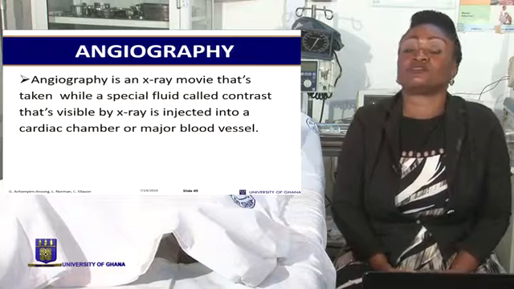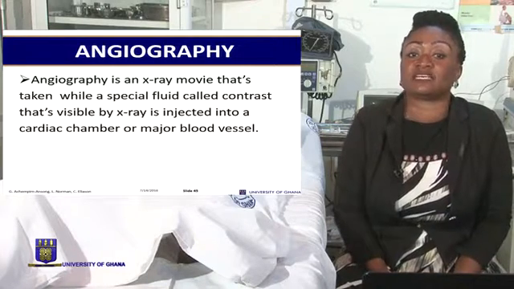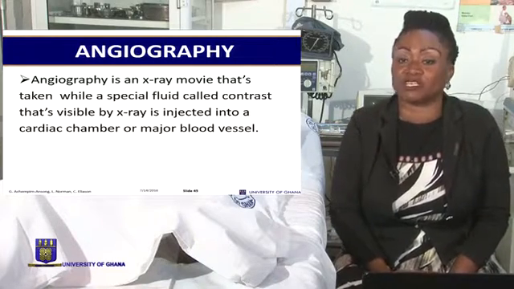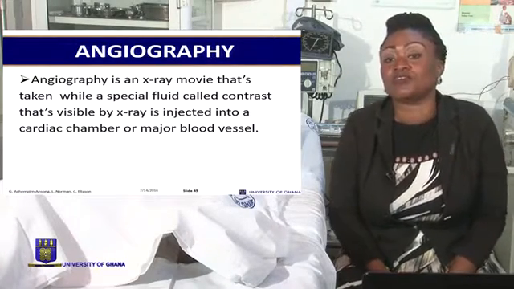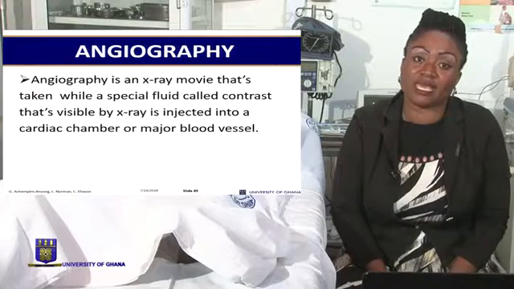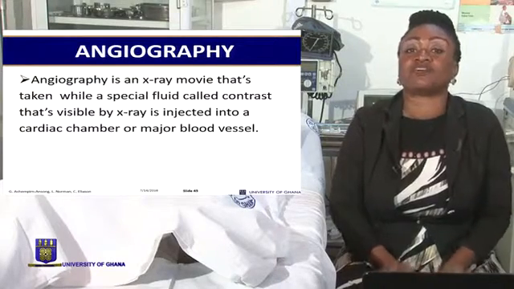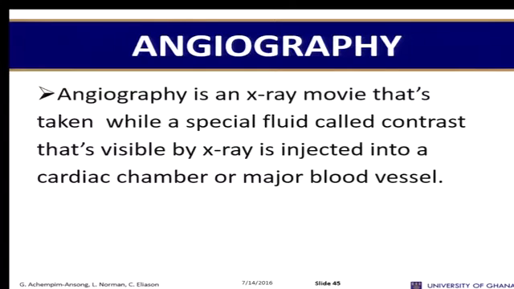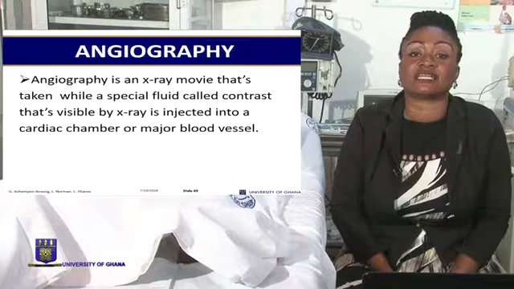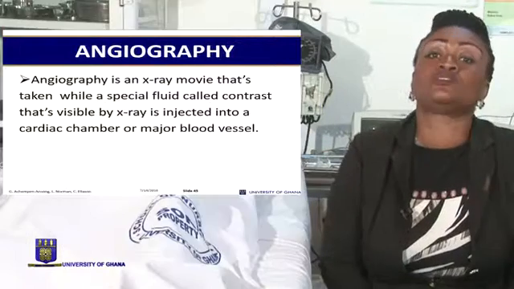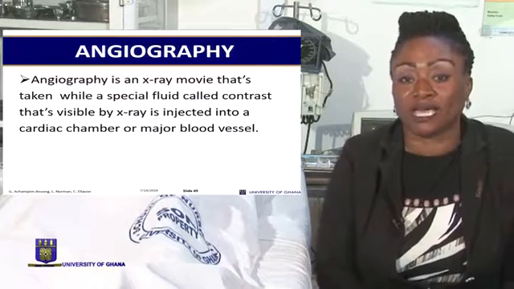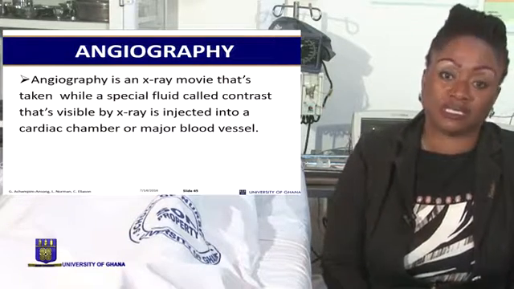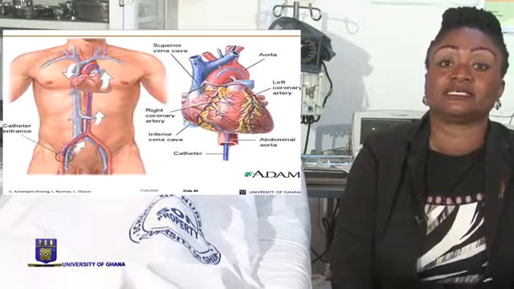Angiography can be done to visualize both the heart chambers or major blood vessels, and this involves introduction of a contrast medium or dye, which is radiopaque, after which an X-ray film or X-ray movies are taken, and it outlines these heart chambers or blood vessels to isolate abnormalities such as blockage, tumors, and stenosis.